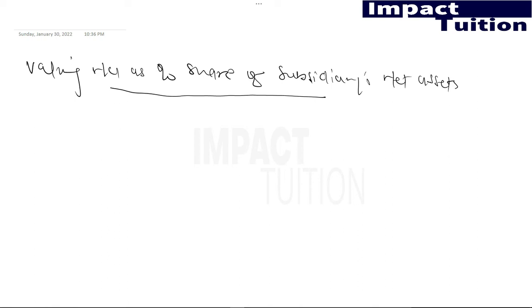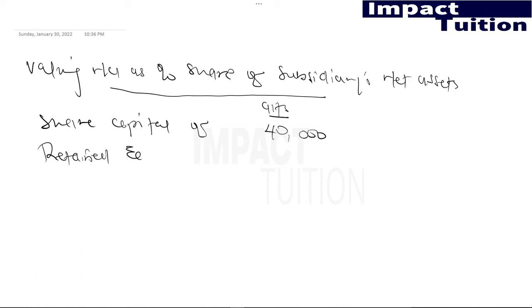Let's assume at the date of acquisition, the net assets of the subsidiary was made up of share capital of 40,000 Ghana cedis, and there were reserves, retained earnings of 10,000 Ghana cedis.